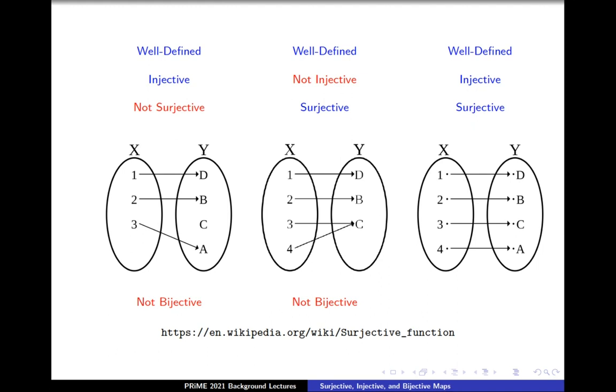Injective: if the inputs are different, then the outputs are different. Surjective: for each element in capital Y, there exists an element, little x in capital X, that maps under the function to that letter. So it's both injective and surjective, and therefore bijective.